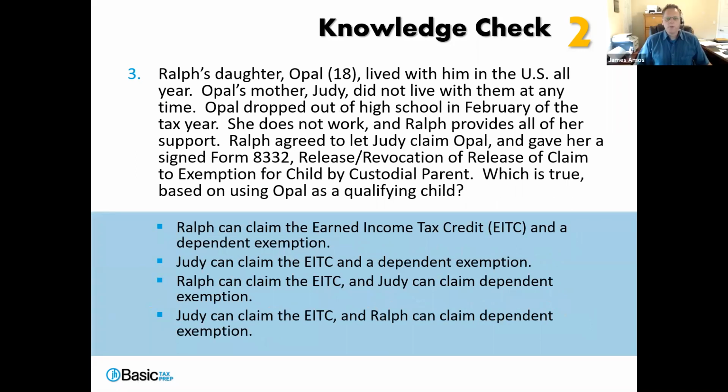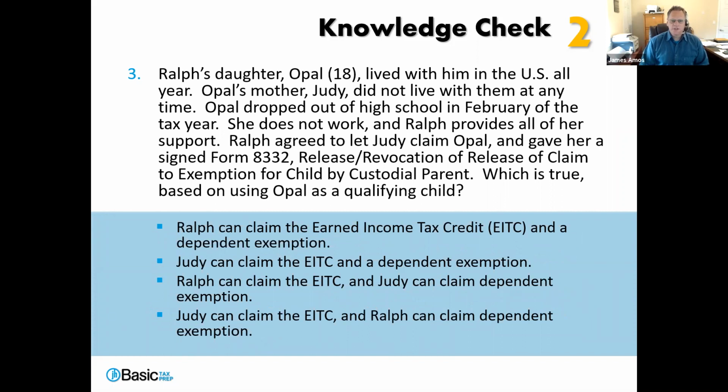Ralph's daughter, Opal, is 18 years old. She lived with him in the U.S. all year long. Opal's mother, Judy, did not live with them at any time. Opal dropped out of high school in February of the tax year. She does not work, and Ralph provides all of her support.